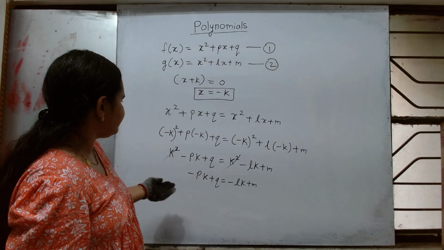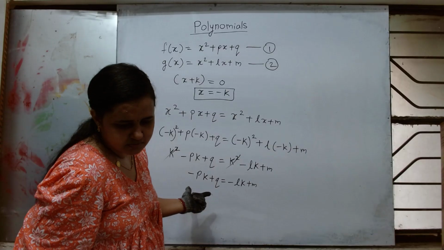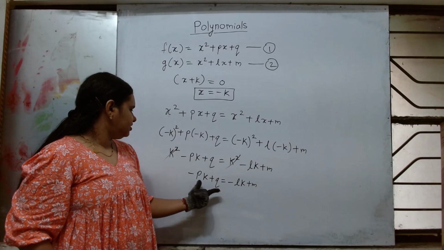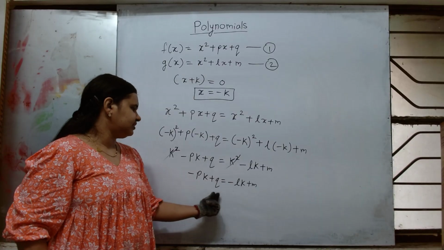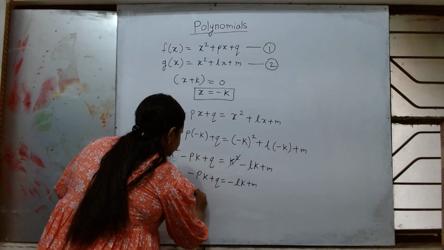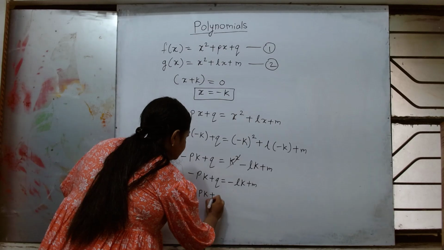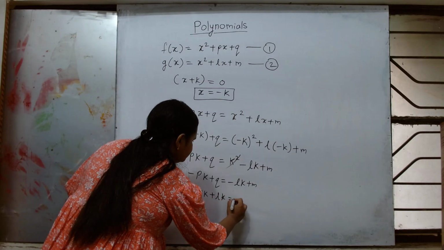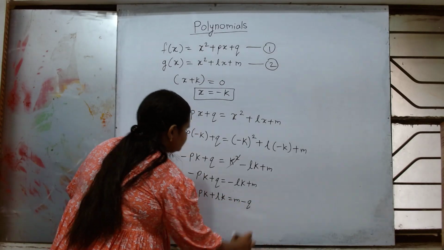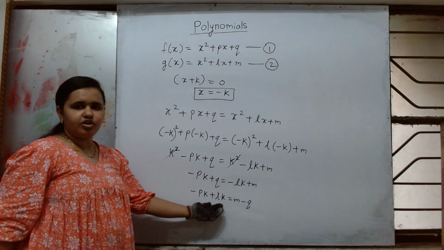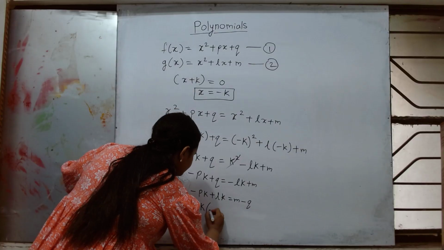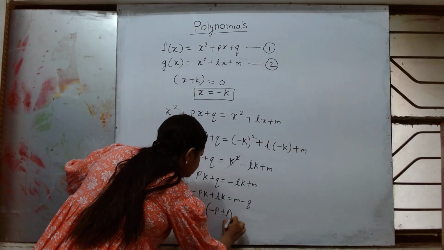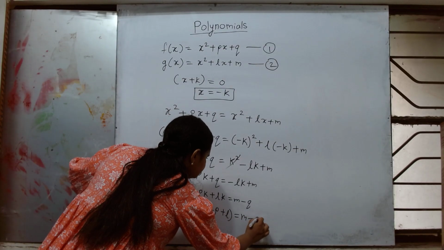Now we have to find the value of k. We will take k terms on the left hand side and the others on the right hand side. So it will be minus pk plus Lk is equal to m minus q. If we take k common from here, it will be k into minus p plus L, equal to m minus q.